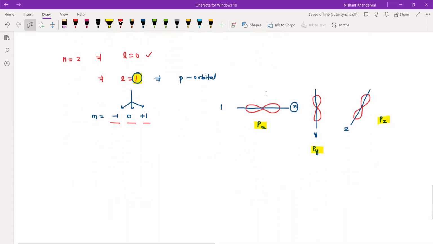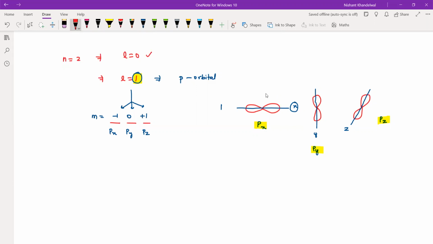Got this? Have you understood this? So basically I can write this is px, this is py, or this is pz. X and Z can interchange. In some books there are some ways, and in some books there are other ways. But basically the concept is same.